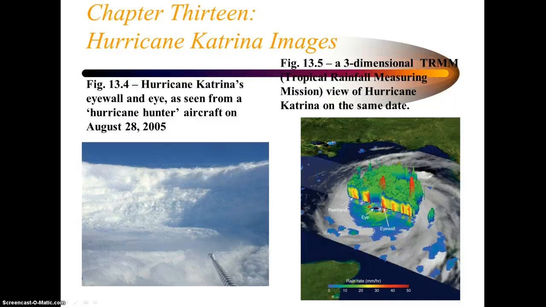Special sensors on our satellites enable us to quantify how much rain is falling from the spiral bands of a hurricane. So we can look at rain rates per hour, and this gives weather service offices which are experiencing the hurricane's landfall some idea of how much rain to expect so they can issue appropriate flood warnings to people in harm's way.